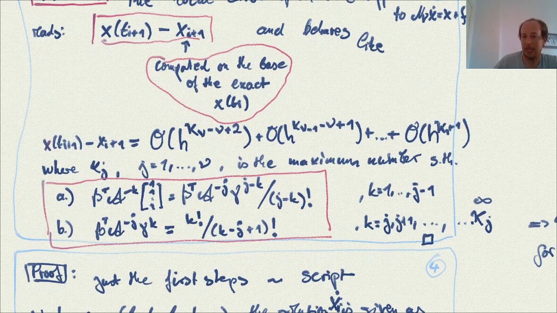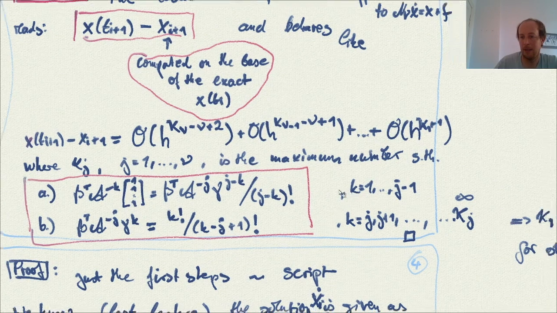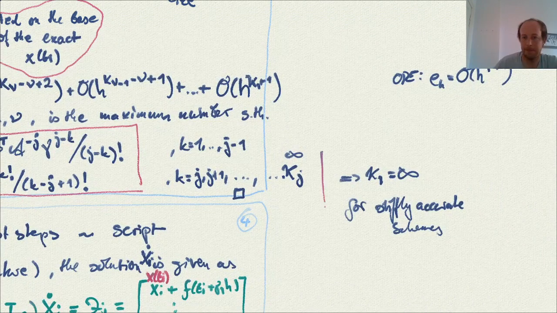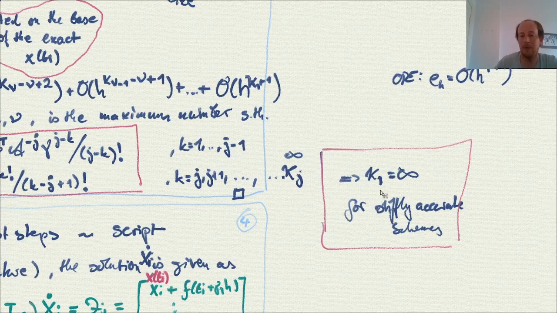If we look at the case j equal to 1, then we will have beta transpose alpha to the minus 1 gamma to the k. What we just calculated will be 1, and k factorial over (k minus j plus 1) factorial is k factorial, so we will have a 1 here. And this means that this kappa_1 is infinity for stiffly accurate schemes.